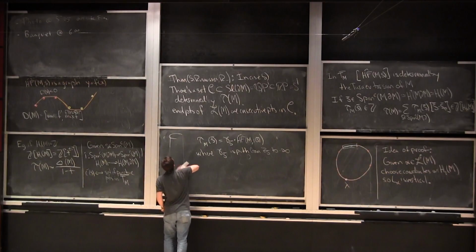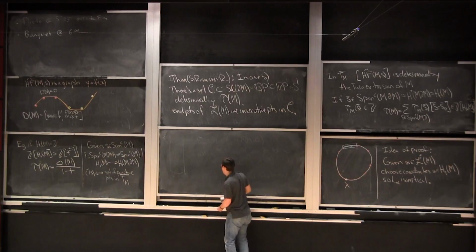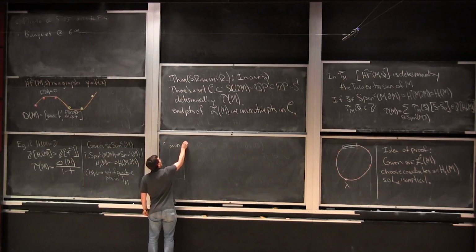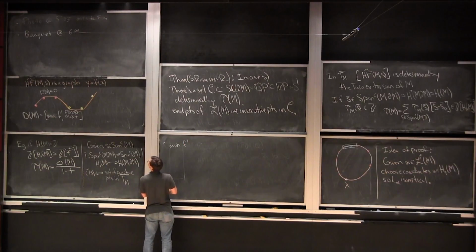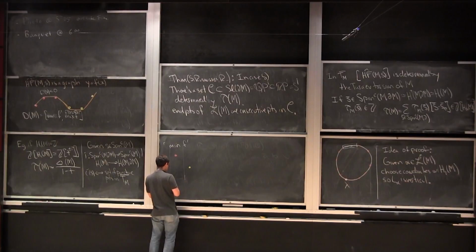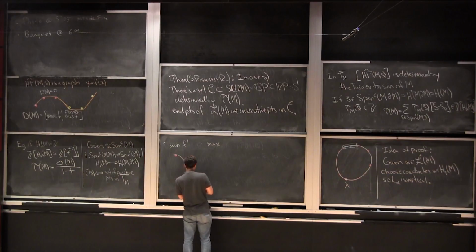So the places where I have the minimum slope are going to look like this, and the place where I'm going to have the maximum slope has to look like this.